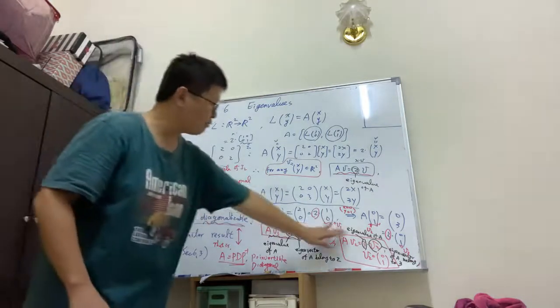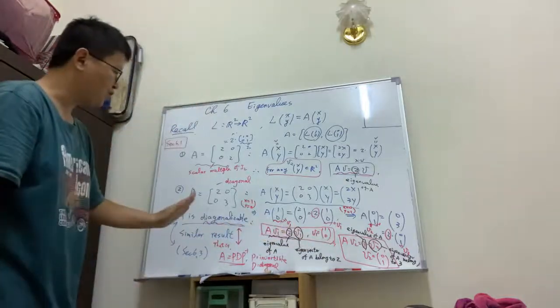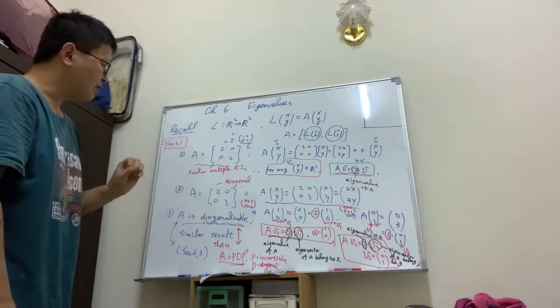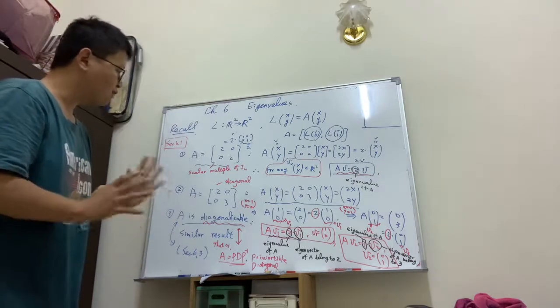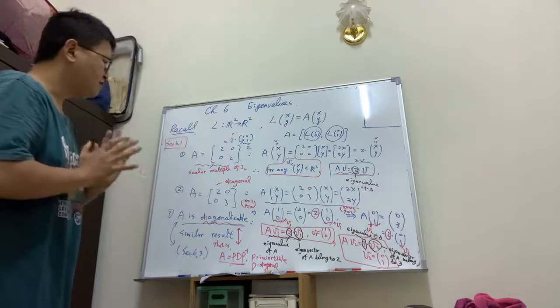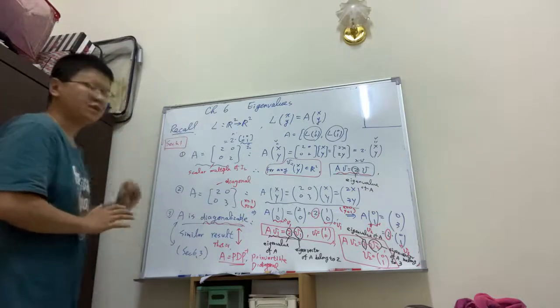Now I will tell you the material in section 6.1. It's the eigenvalue and eigenvector of a matrix, and how to figure them out. If I give you a matrix A, how to figure out its eigenvalue and its eigenvector. It's the most important and most basic thing in section 6.1.